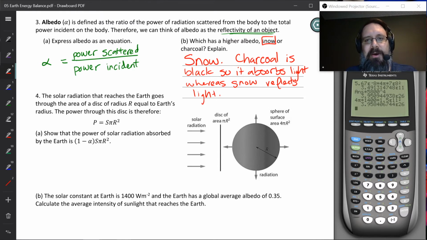So depending upon what type of material the light hits, it's either going to get absorbed by the material or it's going to get scattered or reflected, bounce off the material. So snow has a lot higher albedo than charcoal does. Imagine during the winter time, if there's a layer of snow above some ice, that ice won't melt as easily in sunlight. Think about how when the snow gets packed on the ground, it just stays there, even though it's really hot outside.